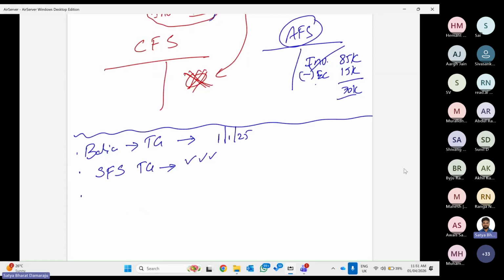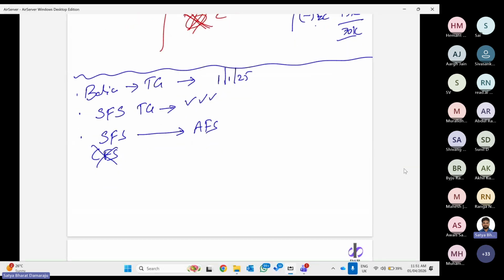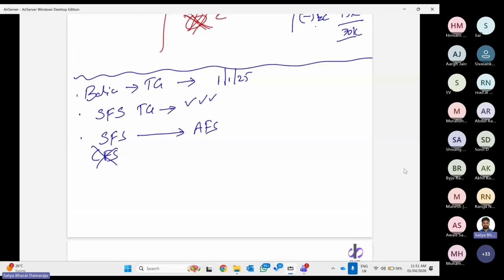Then we started working on the AFS. SFS is step 1 for preparing the AFS, so we don't need to bother about CFS at all. SFS has to be prepared. But for AFS, there are certain requirements which we have seen in step number 2. We do it very close to how we do the consolidation as per IFRS 10 and IFRS 3, but certain adjustments and eliminations are given.